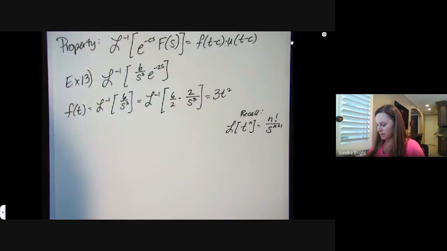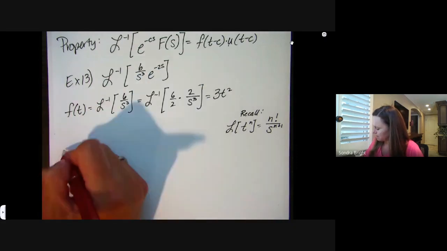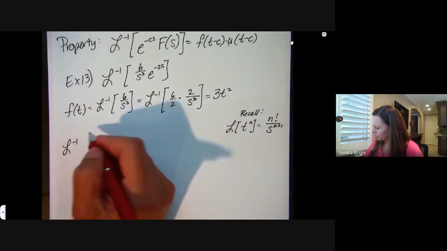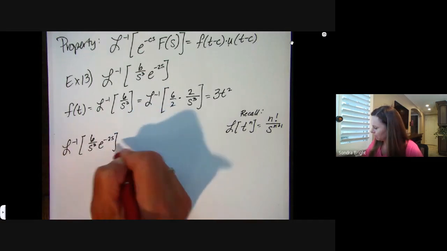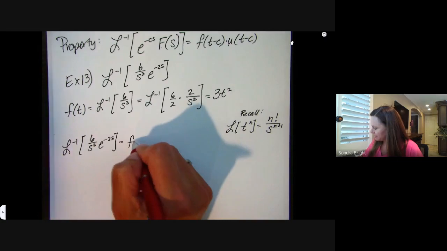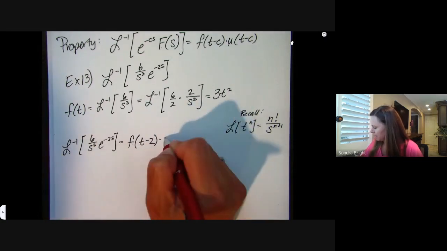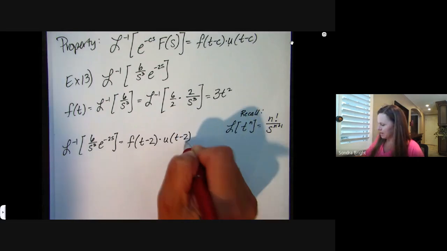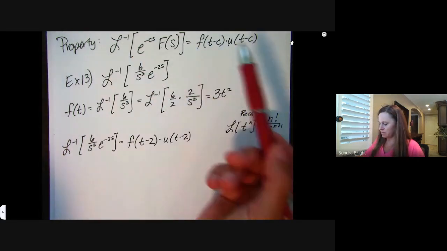All right, so keep in mind that when you're writing this, the inverse Laplace transform of 6 over s cubed times e to the negative 2s needs to equal little f of t minus 2 times u of t minus 2. That's the pattern, right? f of t minus 2 and u of t minus 2.